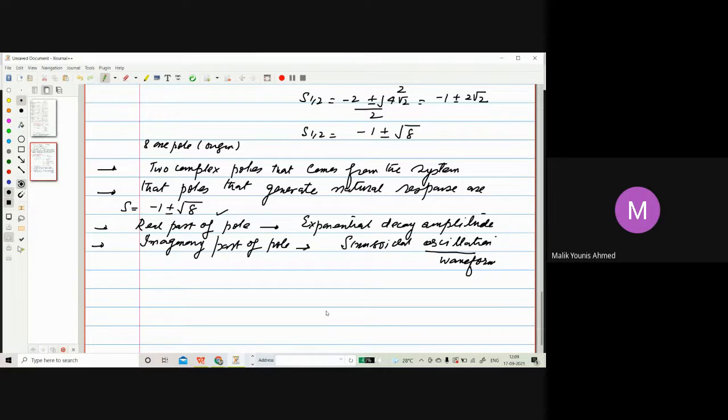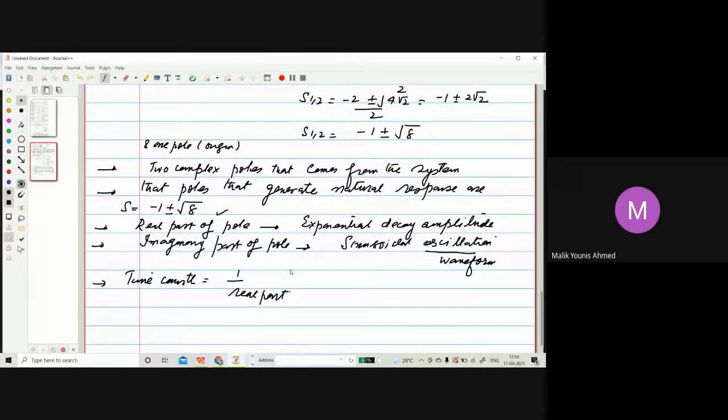The time constant of the exponential decay will be equal to the reciprocal of the real part, that we already know, and the value of the imaginary part is the actual frequency of the sinusoidal oscillations.